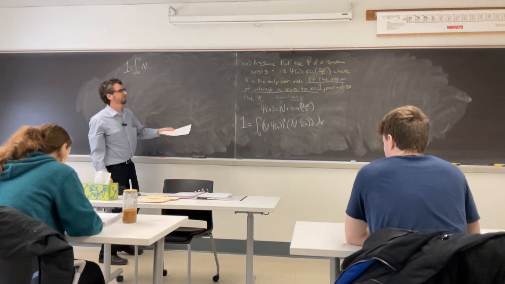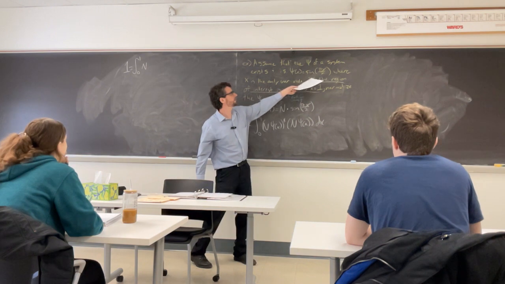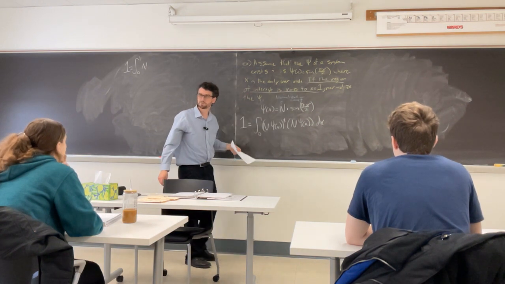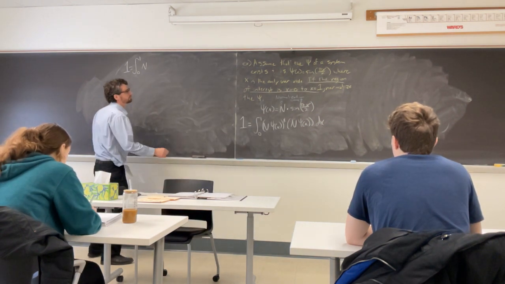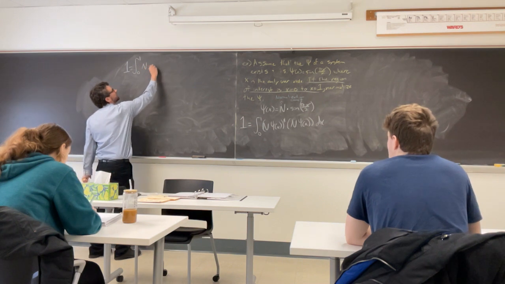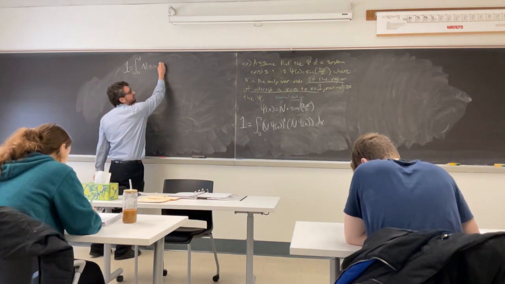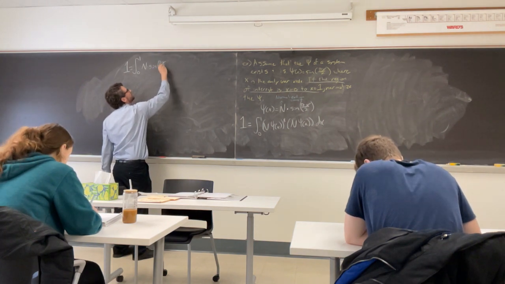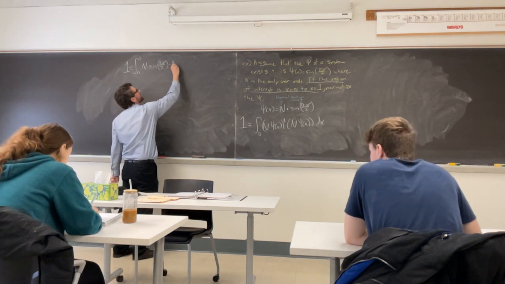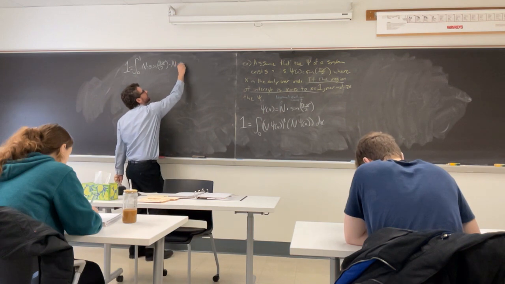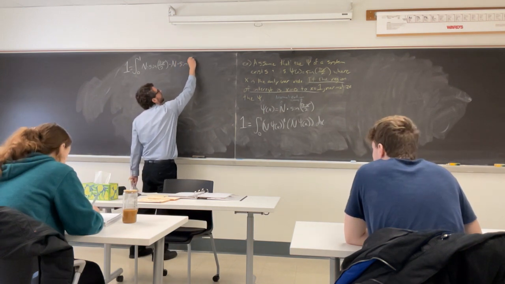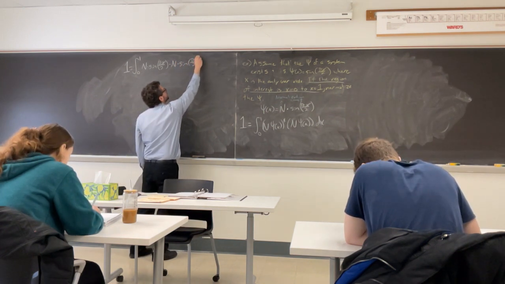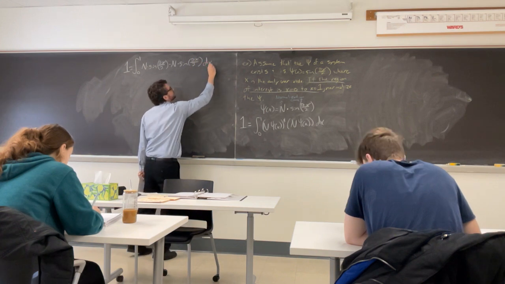And if I take the complex conjugate of our function, does it change at all? No. Times n sine pi x over 2, times n sine pi x over 2 dx.